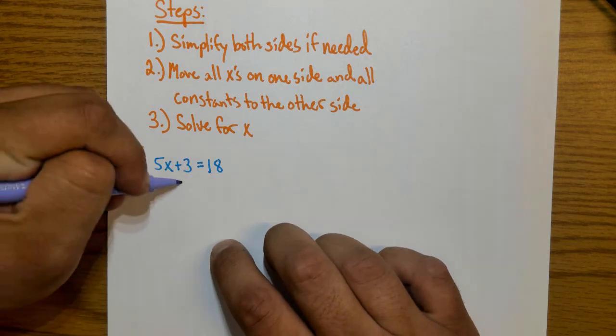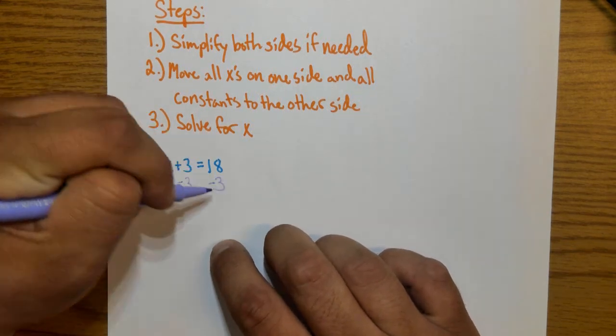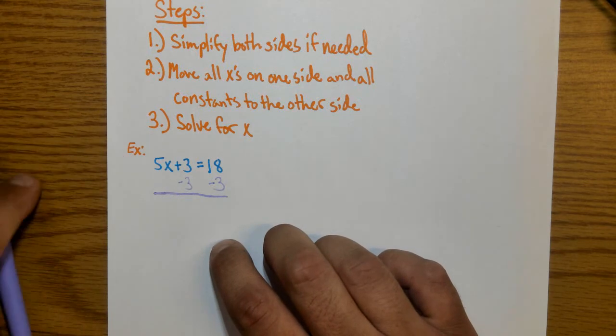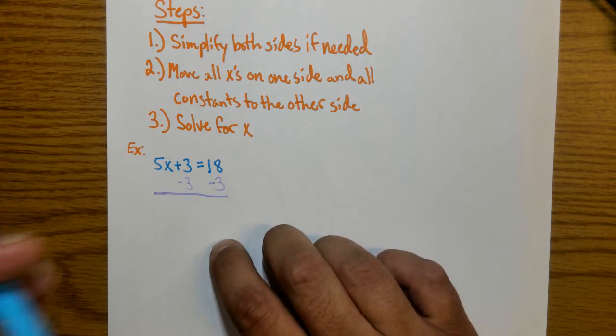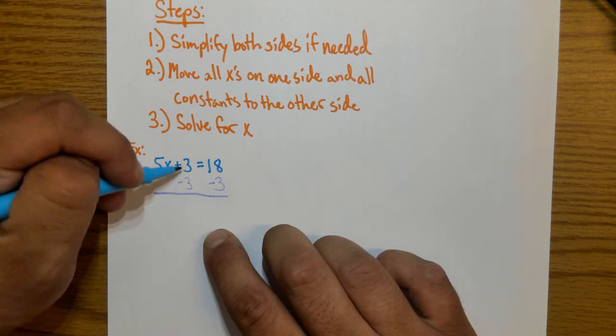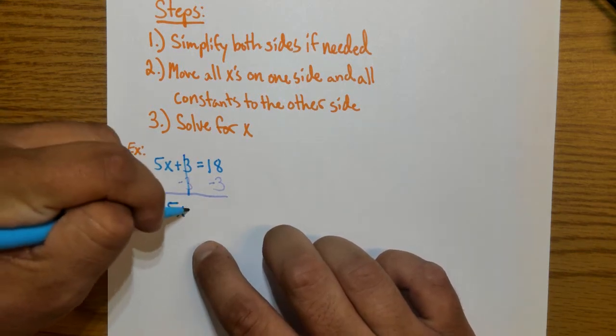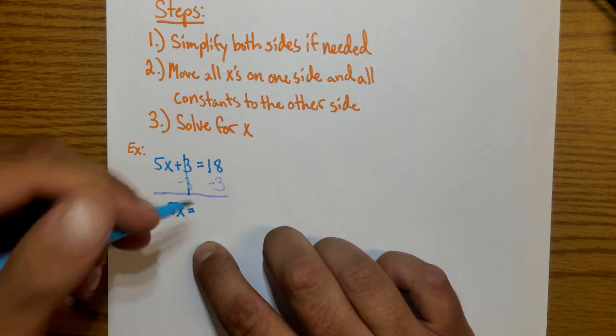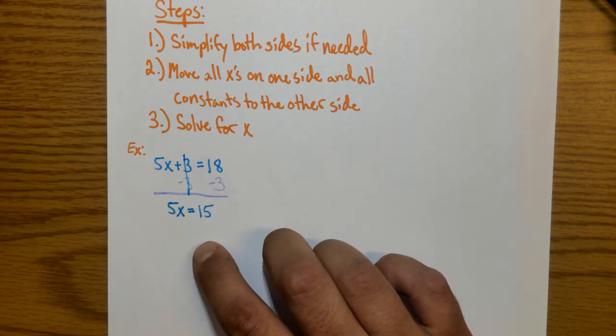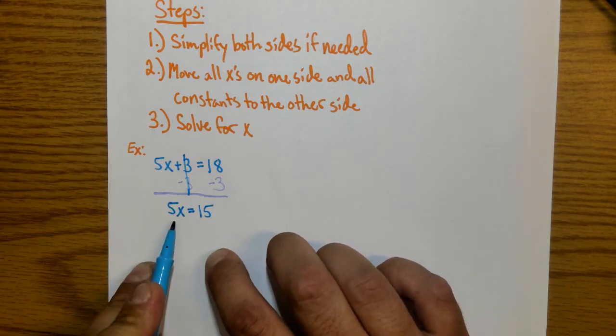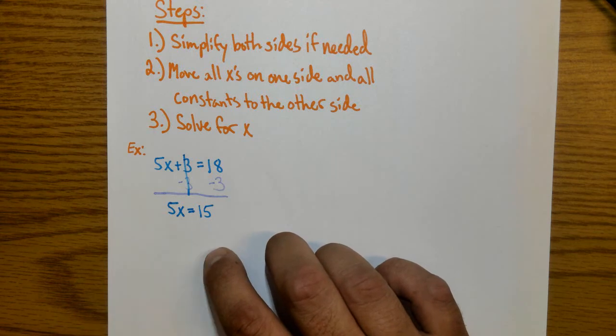So we're going to subtract 3 from both sides, and hopefully that is familiar to us. And now this cancels, so let's just rewrite this thing. We have 5x is equal to 18 minus 3 is 15.